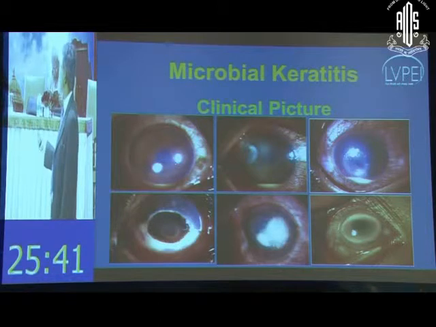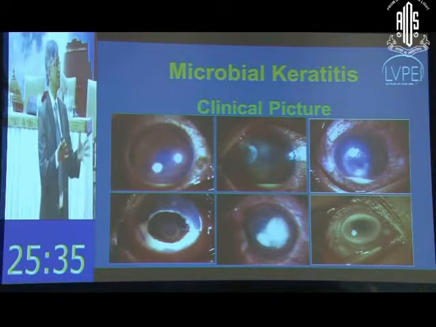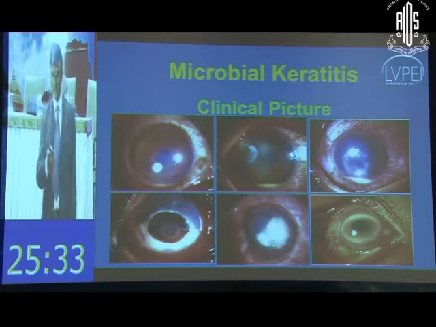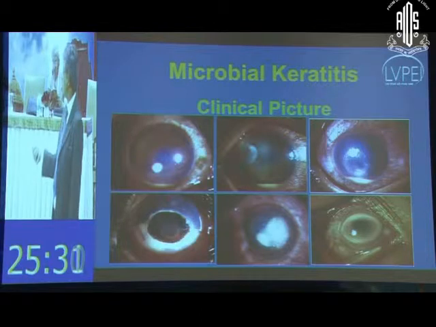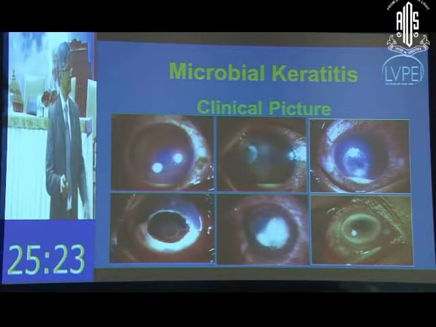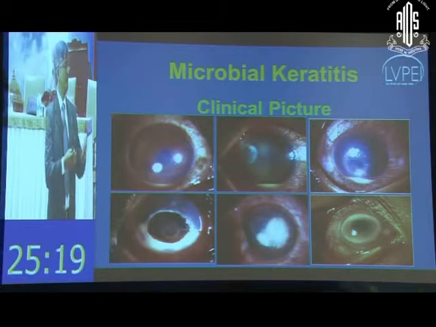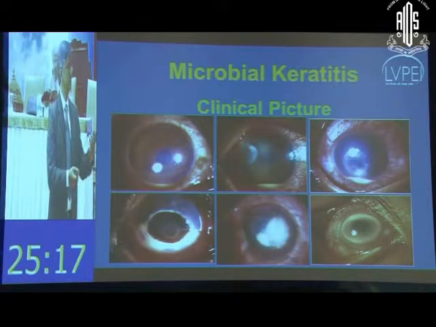If you are seeing pinhead-sized lesions which are arranged in a wreath pattern, then you will think about Nocardia. If you are having a raised lesion which is dry, cotton wool-like, with filamentous extension into the surrounding cornea, with or without pigmentation, obviously the first differential diagnosis will be fungal infection.